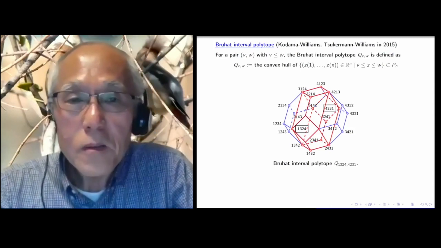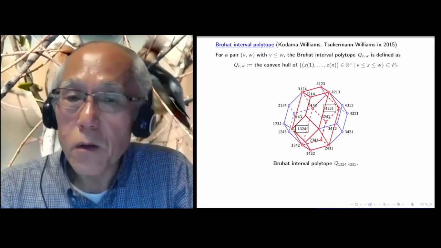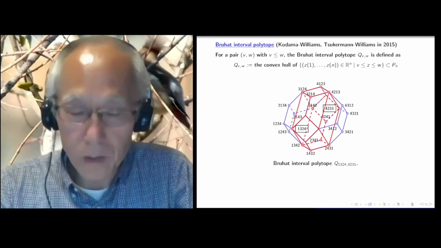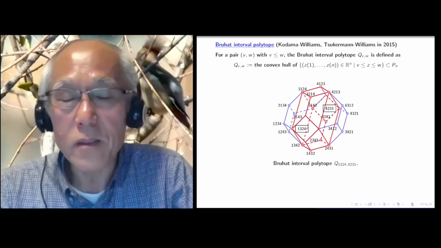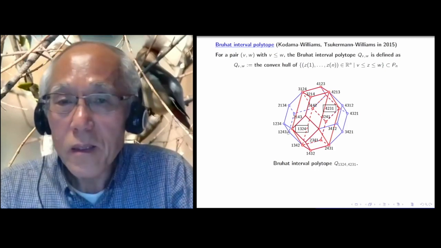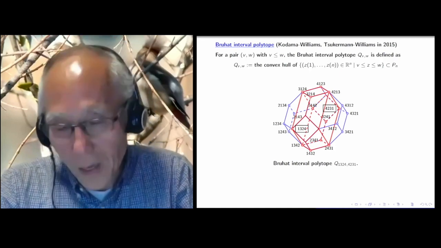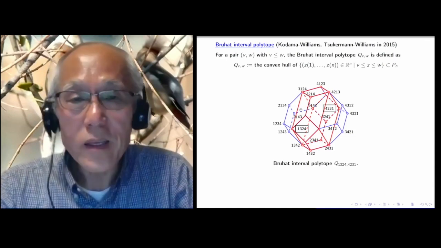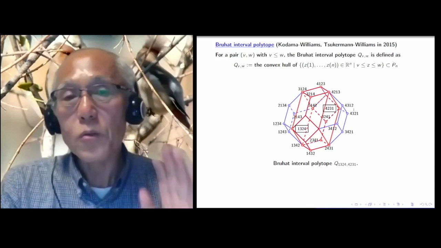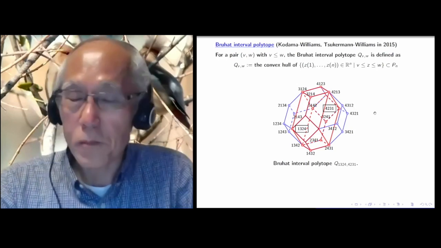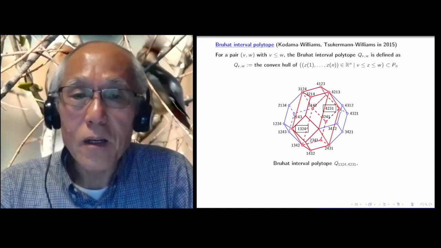And you see, this edge is an edge of the permutohedron, but this edge is not. But this edge is parallel to an edge of the permutohedron. So any edge of a Bruhat interval polytope is parallel to some edge of the permutohedron. And also, vertices are permutations.